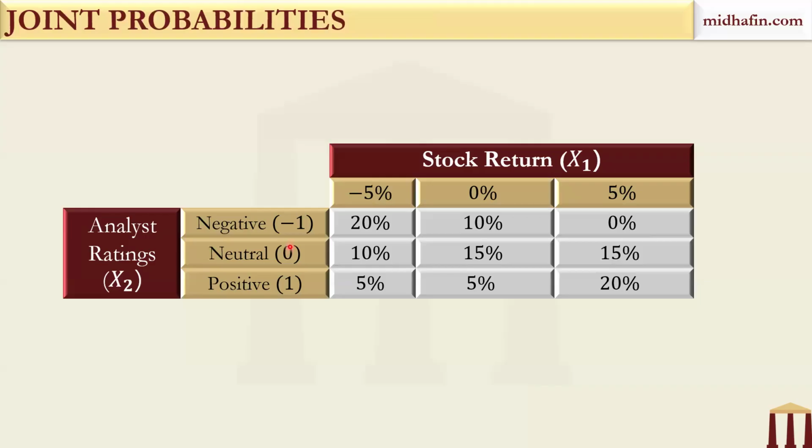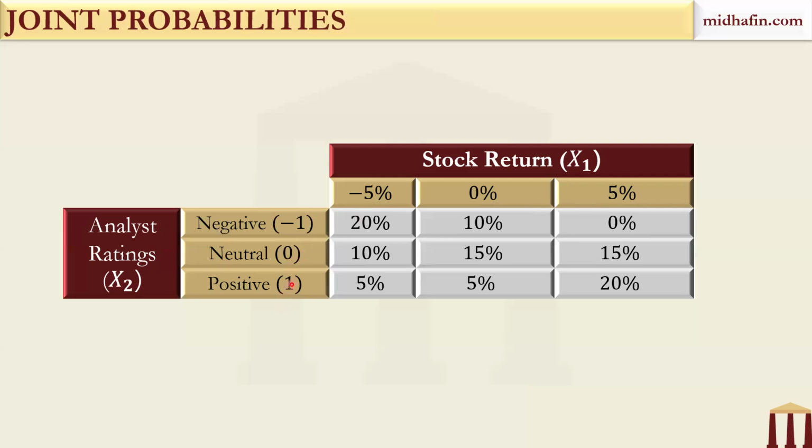It is not necessary that the first variable and second variable have the same number of outcomes. It can be 4 for stock returns, no problem. In most cases analyst rating will be negative, neutral, and positive, but theoretically you can build more. So we can have the stock return being either negative 5%, 0%, or 5%, and analyst ratings being negative, neutral, or positive.